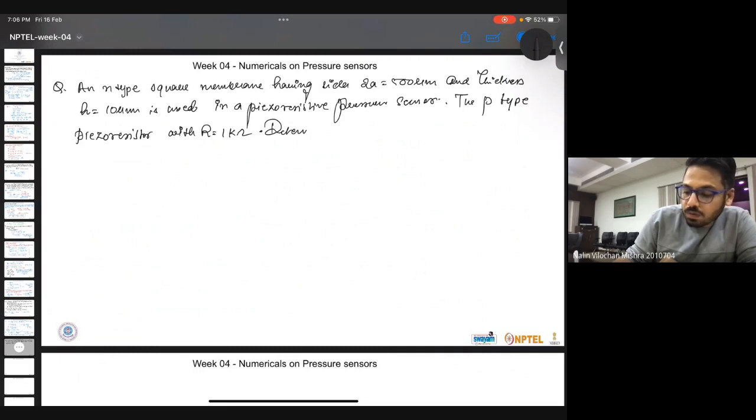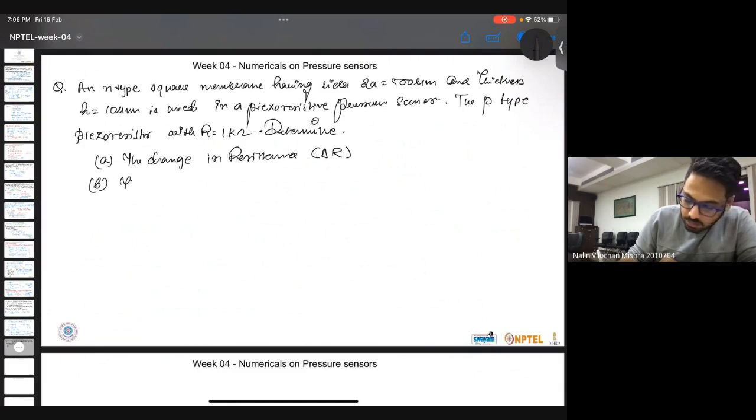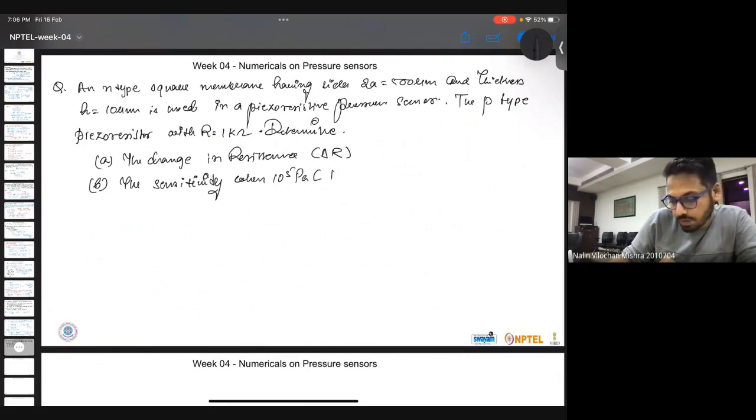Determine the change in resistance, which is basically delta R, and the sensitivity when 10 to the power 5 Pascal or 1 bar pressure is applied.